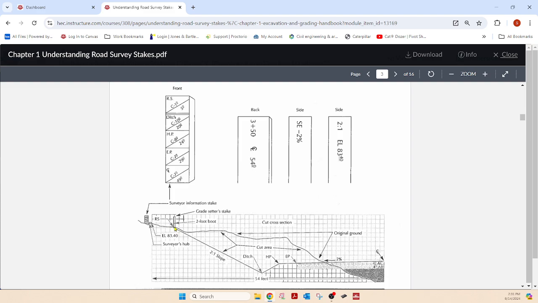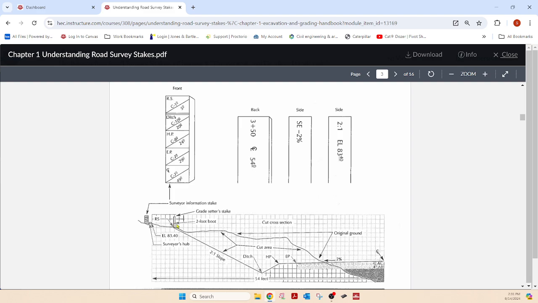So for some reason, they set a 2-foot boot. Now, I'm not going to do that. Wherever that mark is, you want to start 1 foot lower than that mark. So wherever that mark is, you would drop down 1 foot, and that's where your stake is going to be.